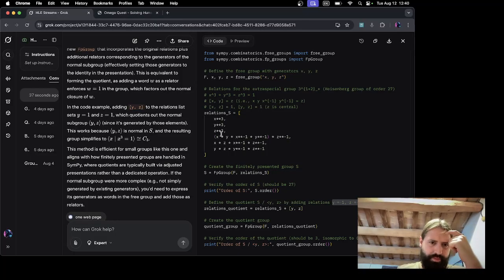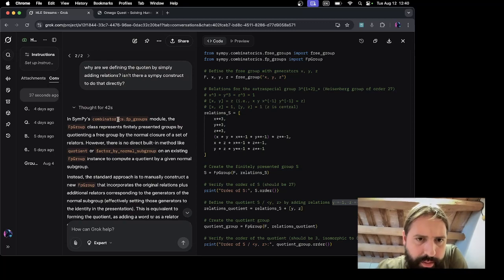So what does it say in SymPy? The F groups module, the F group class represents finitely presented groups by quotienting a free group by the normal closure of a set of relators. However, there is no direct built-in method like quotient for a group on an existing F group instance to compute a quotient by a given normal subgroup.